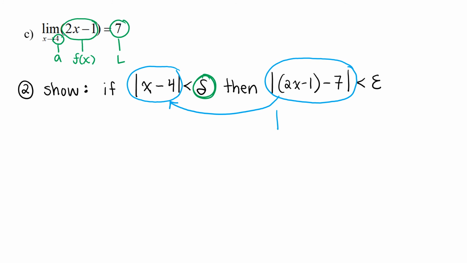So we have 2x minus 1 minus 7, which simplifies to 2x minus 8. Well, 2x and 8 have a common factor of 2, so we'll factor out 2. So we have x minus 4.